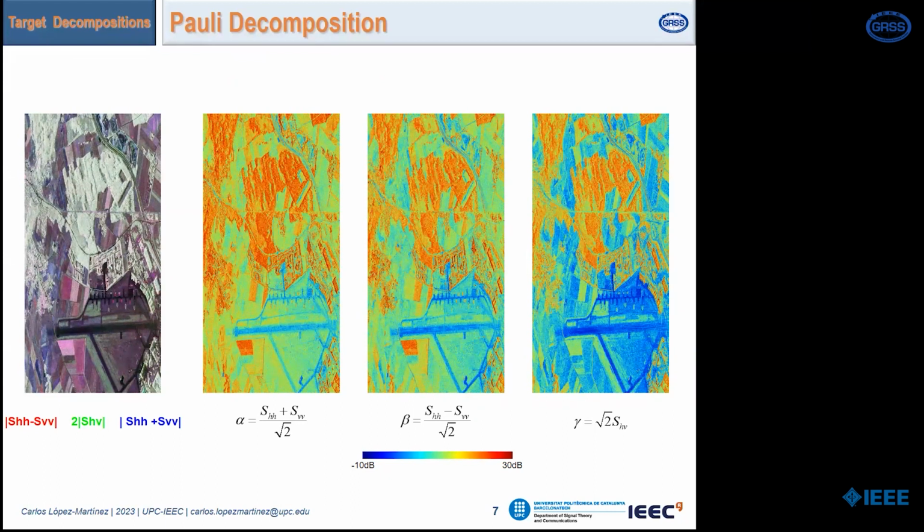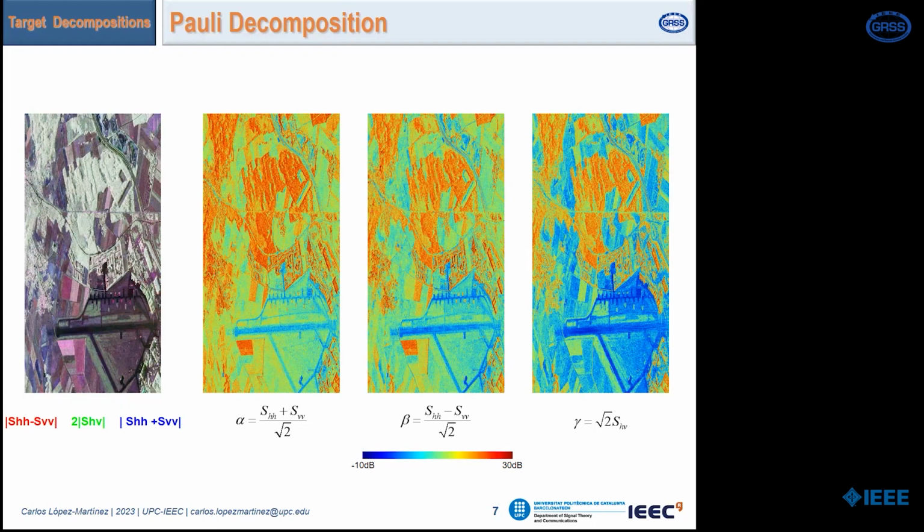So you obtain surface here, less double bounces, and you don't have volume. This is what I see here. So I can interpret, for instance, that this area has very little volume. And for the rest it is exactly the same. As you see, this decomposition is very simple.